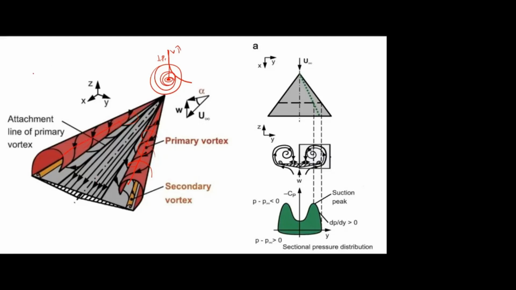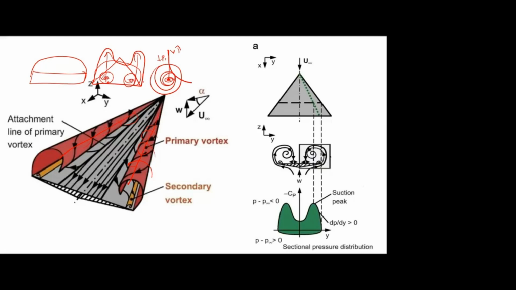For the normal wing, for example, this may be the lift distribution. But if you take this delta wing, there are vortices. Because of these vortices, there is an additional low pressure region. So instead of this, we are getting this type of pressure distribution, because this produces some low pressure that increases the pressure difference.